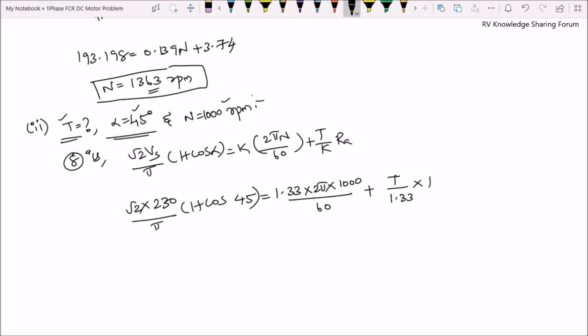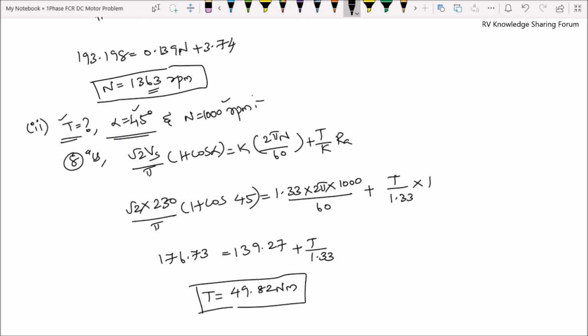If we solve this, we will get 176.73, which is equal to 139.27 plus T by 1.33. So the torque T is equal to 49.82 Newton meter.